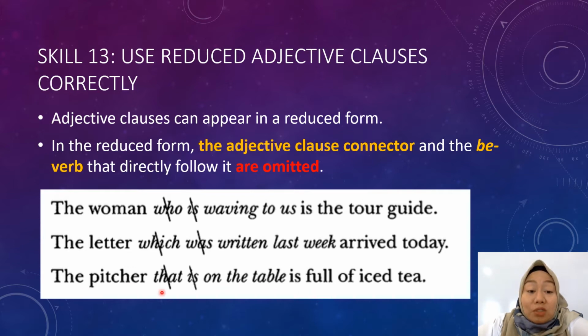So the picture on the table is full of iced tea. So this is the prepositional phrase modifying the noun phrase here, the picture on the table. All right. That is 15.